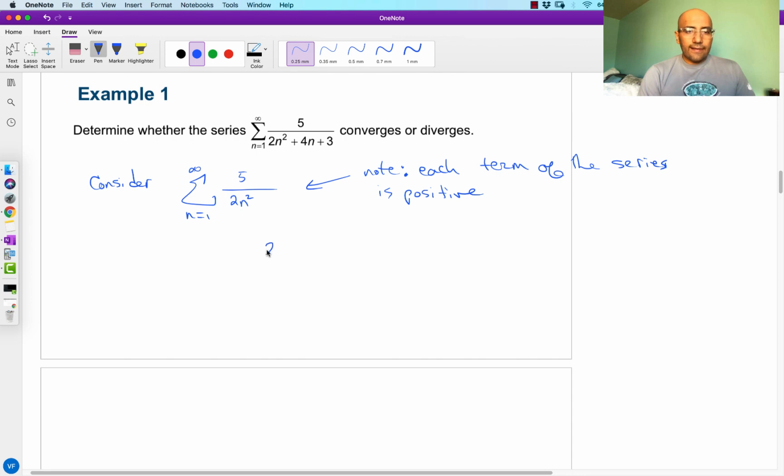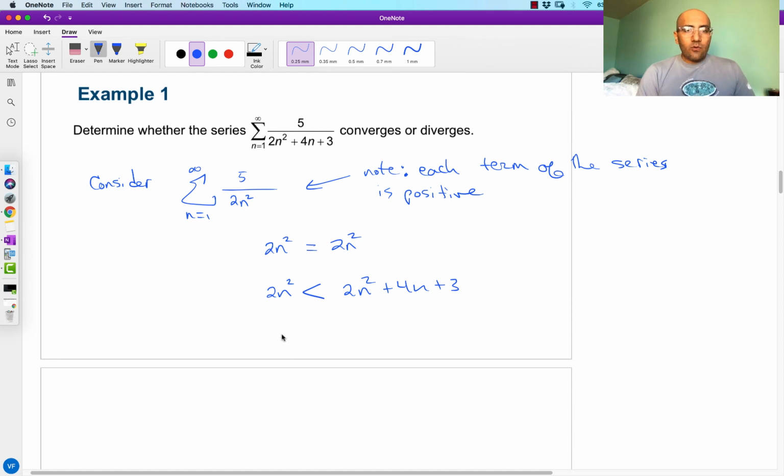So also note that 2n squared is equal to 2n squared, of course. But now if I add extra terms to one side, then it must be true that 2n squared is smaller than 2n squared plus 4n plus 3, right? Because n is positive, so 4 times n is going to be positive, plus 3 is positive, so if we add a positive term to that side, it's going to end up being bigger.